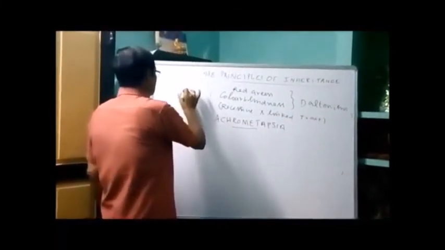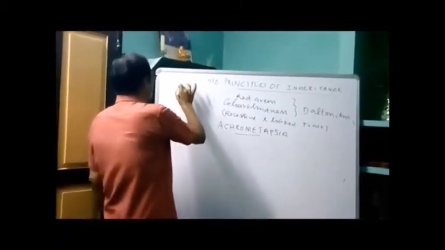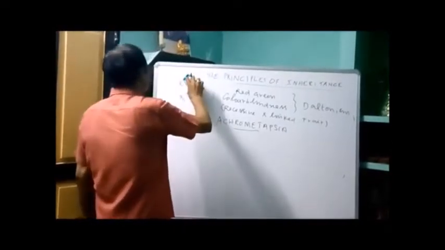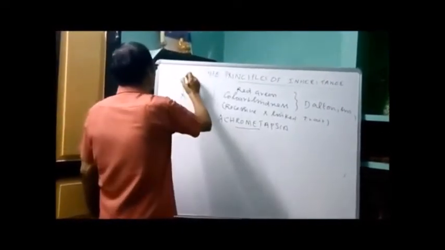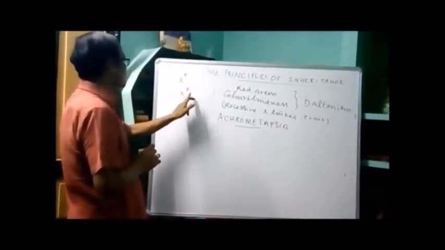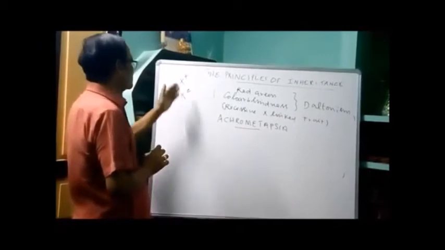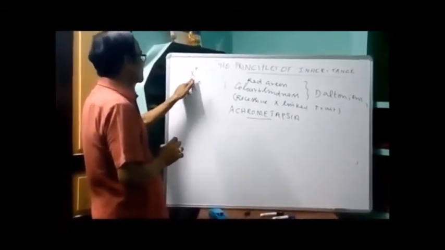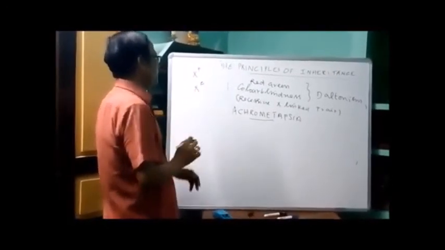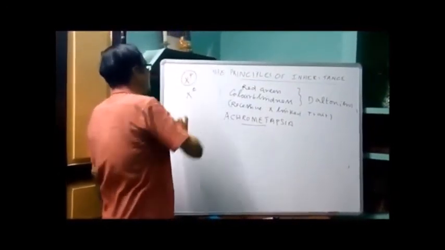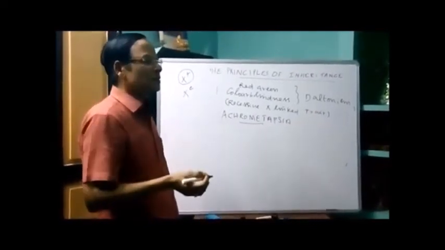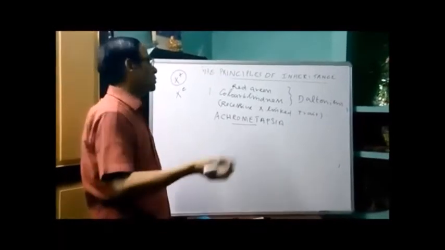We express the gene by denoting the X chromosome with a superscript, this one being the dominant gene and this one the recessive gene. The dominant gene is responsible for the formation of certain pigments in the cones for the perception of either red or green or blue.